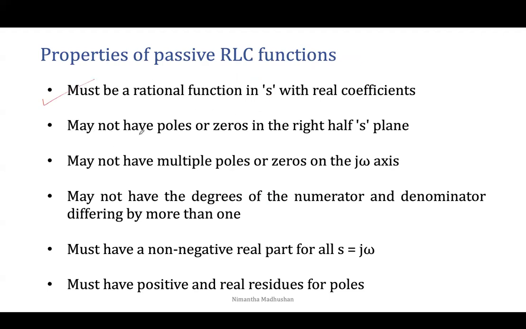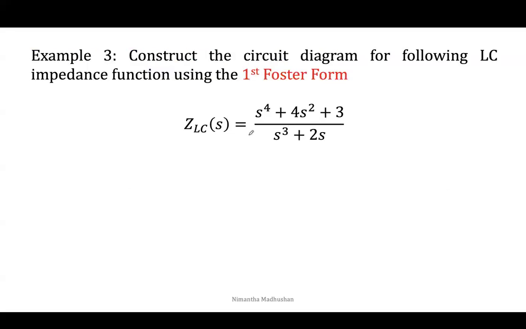And the second one is it may not have poles or zeros in the right half S plane. For that one we have to find poles and zeros. We can obtain poles from the denominator. We can rewrite this function as s squared plus 1 times s squared plus 3 over s times s squared plus 2.